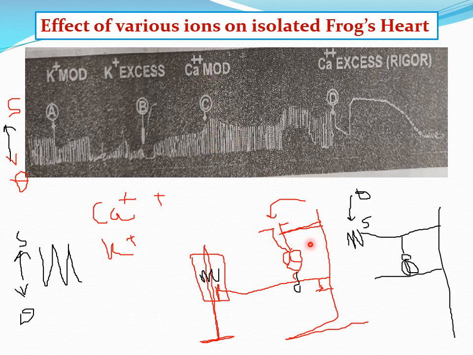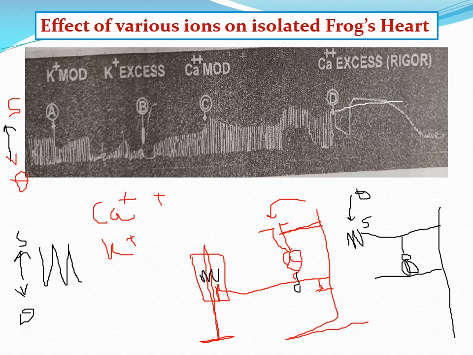Okay, then after this pour the excess calcium on the heart and see the effect. If you pour the concentrated calcium chloride, that is the effect of excess calcium, and in this case the heart stops in systole. Here the heart stops in systole, we get a straight line.